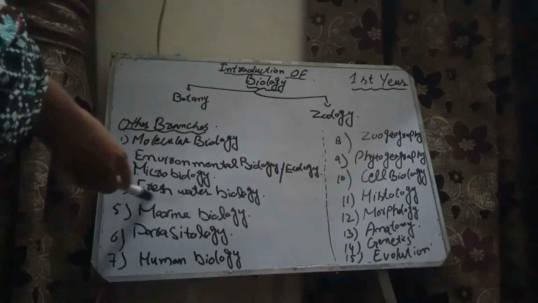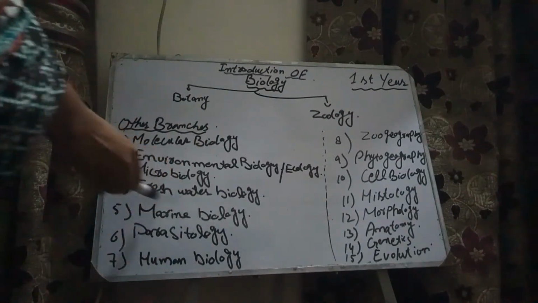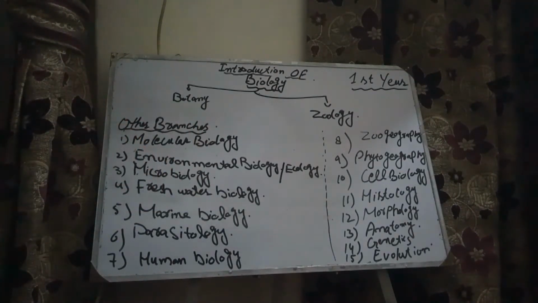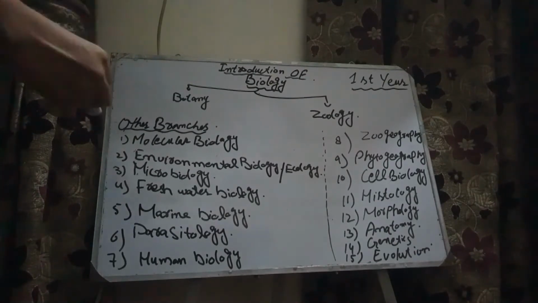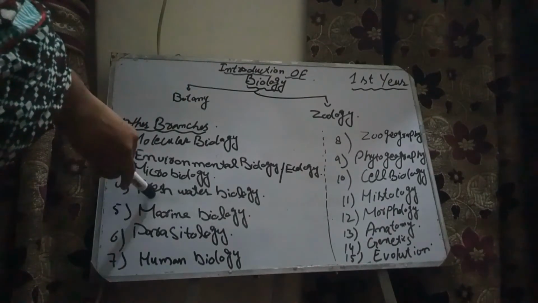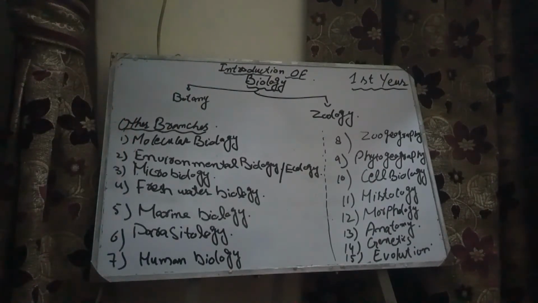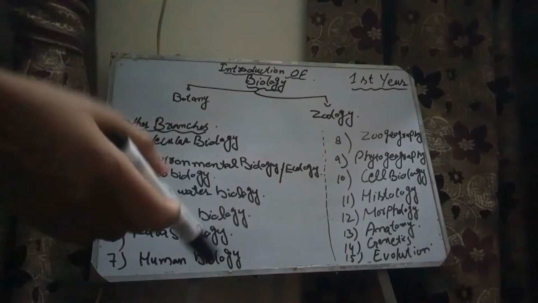Next one is freshwater biology and marine water biology. The difference between freshwater and marine water is that freshwater is water with low salts or a negligible amount of salts. So the water of ponds, rivers, streams, lakes comes in the category of freshwater.